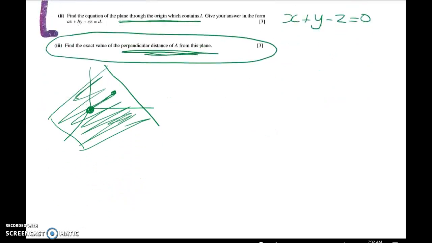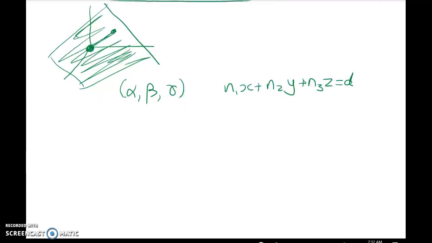So the formula for the distance from a point to the plane looks like this. If my point is alpha, beta, gamma, and my plane is N1, N2, N3, then the distance is equal to this. So it's the absolute value of alpha N1 plus beta N2 plus gamma N3. I don't know why I wrote them that way around.